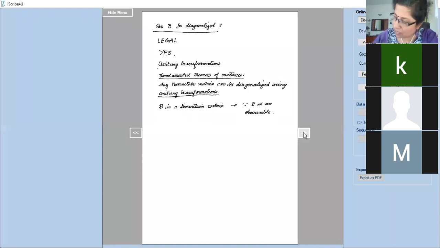Unitary transformations are physics-wise legal. They don't change the physics of the situation.